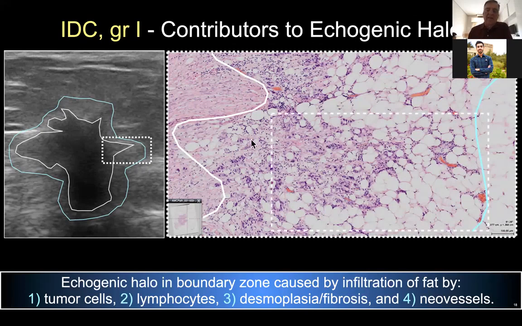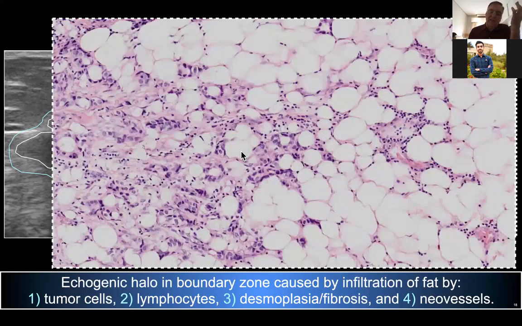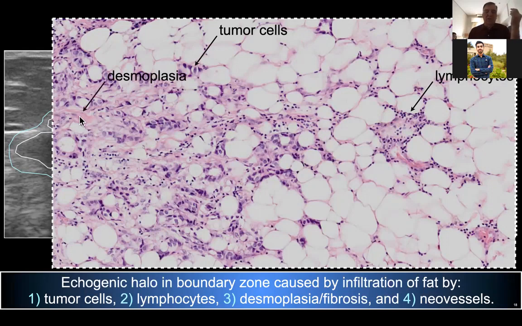Now, if I magnify this, we can see that these white circles are fat cells. And what's lying within this echogenic rim are some tumor cells, which are these large cells, some lymphocytes and macrophages, which are the smaller purple cells, some desmoplasia, which is the pink stuff, and some neovessels.